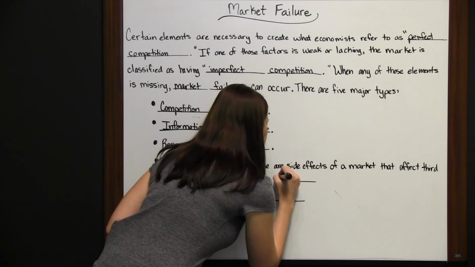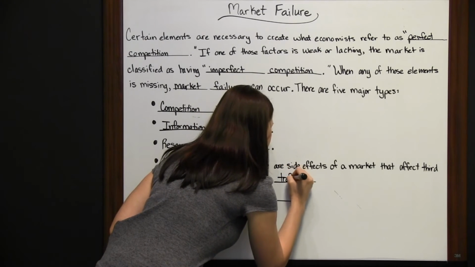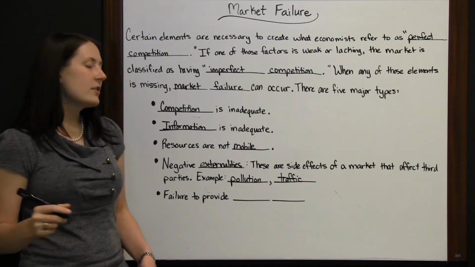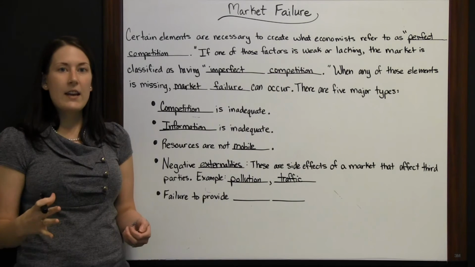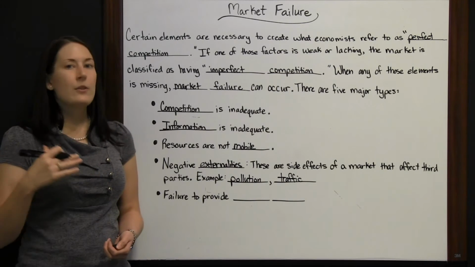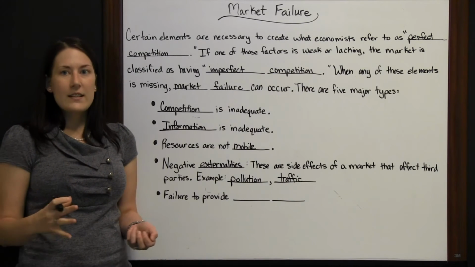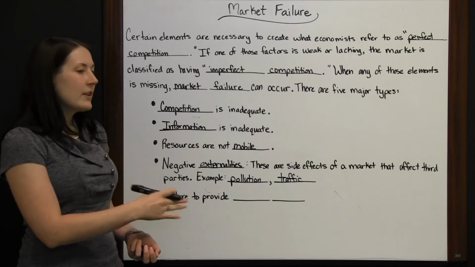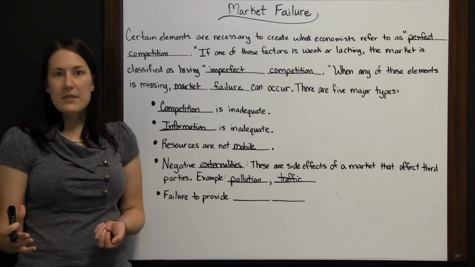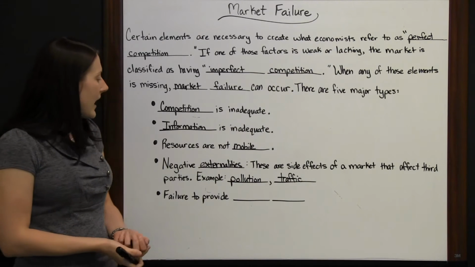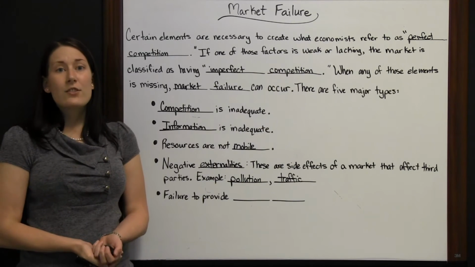Another example would be traffic. People buying new cars are going to be congesting areas with traffic. And so lots and lots of cars on these highways are going to cause traffic jams at certain times of the day or certain days of the week. And so traffic can be a negative externality.